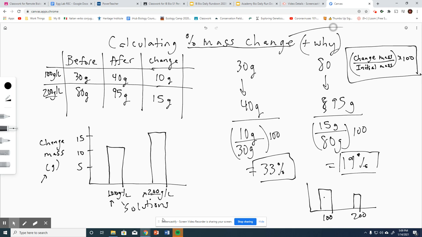So this is what you're going to write down in that data table, okay? And then you will graph that, okay?